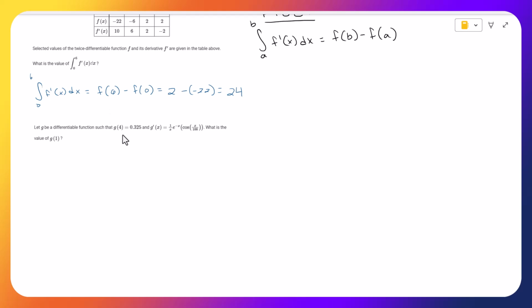We are given g of 4, and we're given, let me pause. Do we actually have the pieces that we need to do this? I might have to change this question. Oh, okay. Actually, no, I don't need to change the question because we are going to use a calculator.